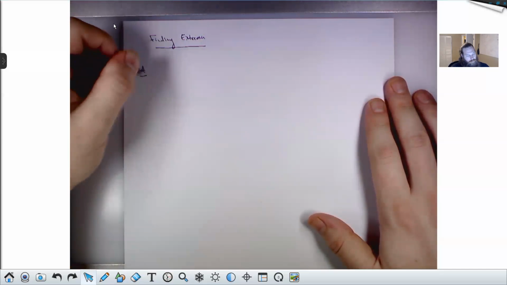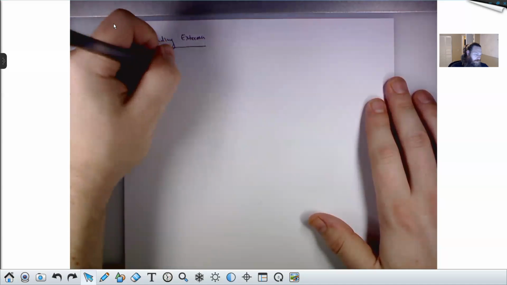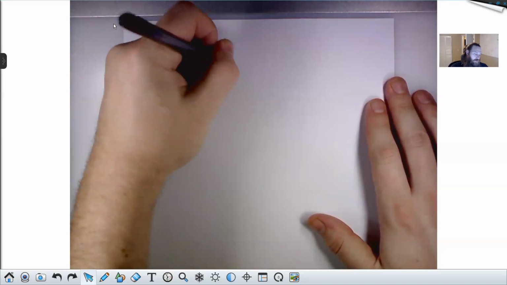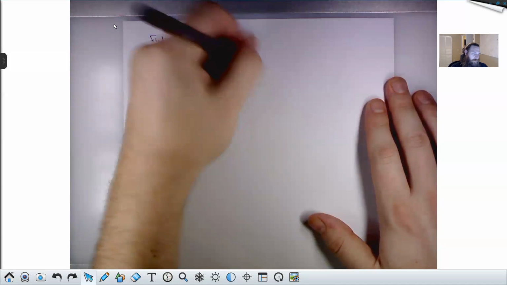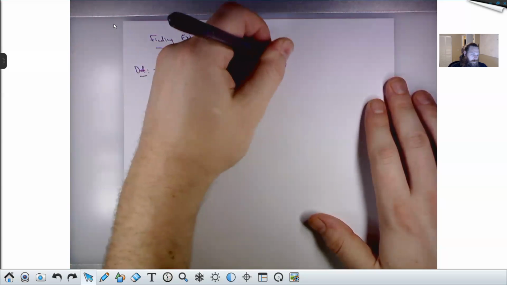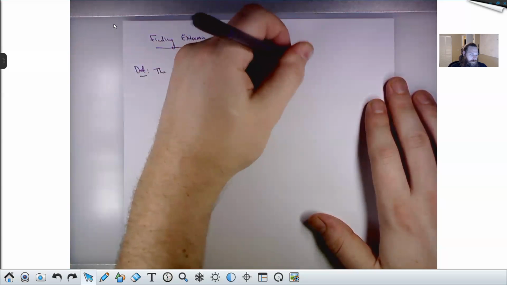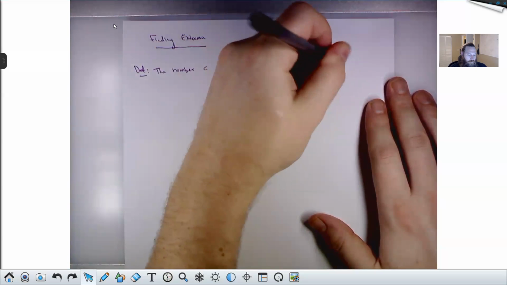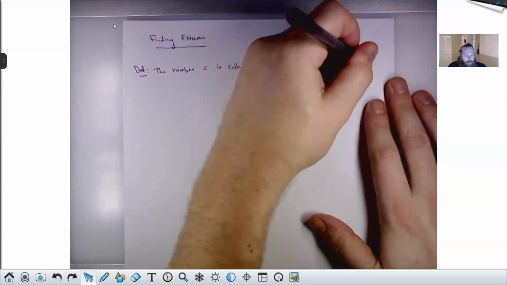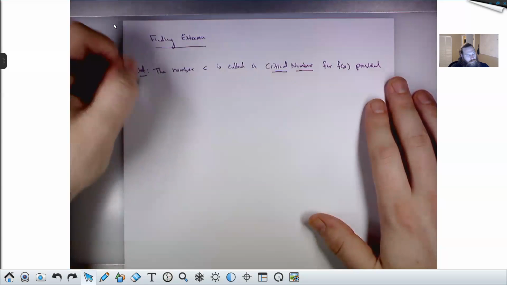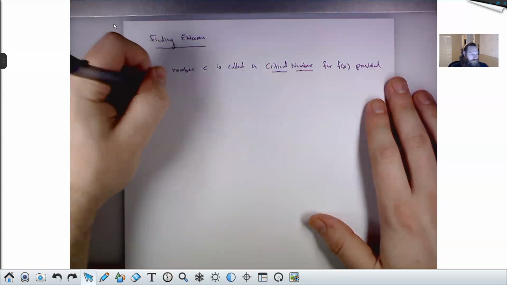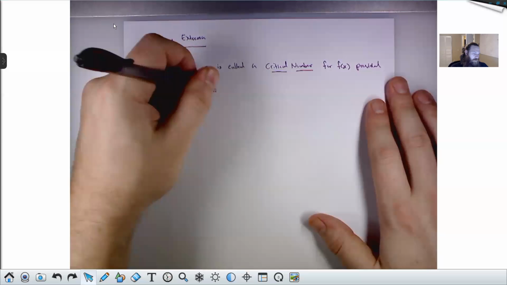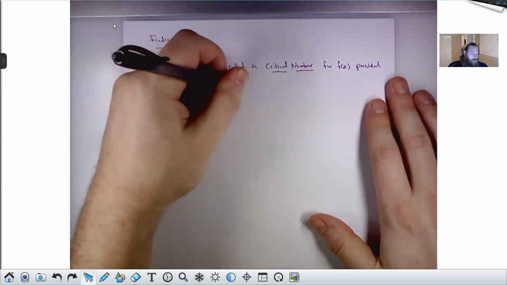Okay, so finding extrema. First, a little definition. The number c is called a critical number, and that's the thing we're defining, for f of x, provided one, that c is in the domain of f.